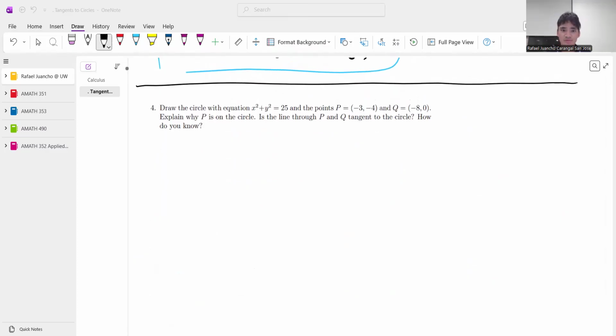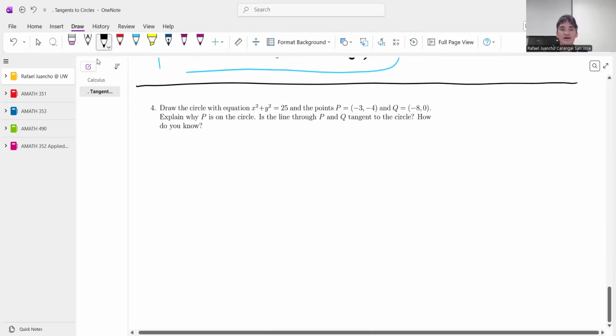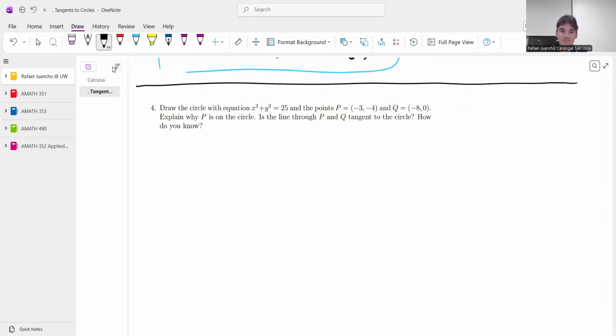So let's do this. Draw the circle with the equation x squared plus y squared equals 25. So again, the equation of a circle, right? That tells me x squared plus y squared equals 25. I can actually rewrite it like this: x minus 0 squared plus y minus 0 squared equals 5 squared.